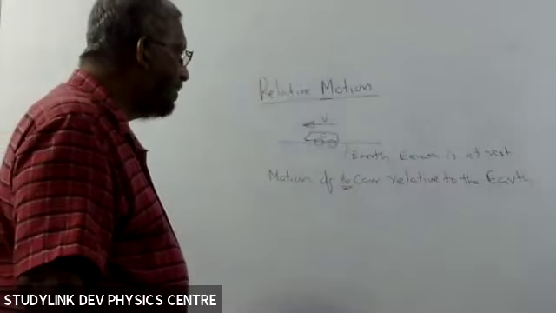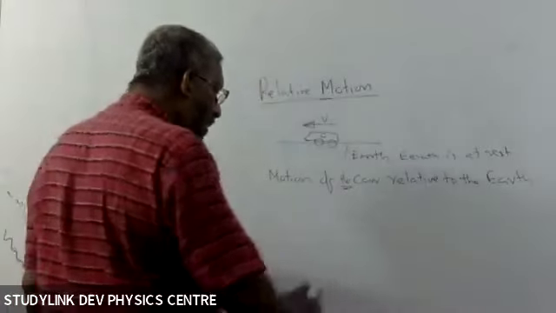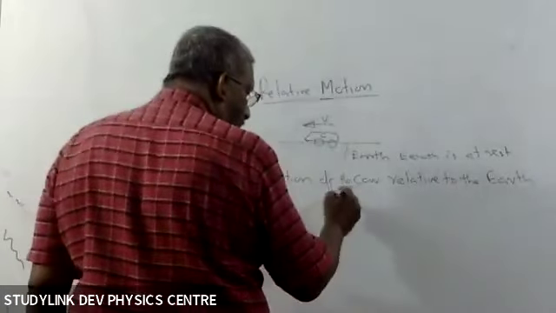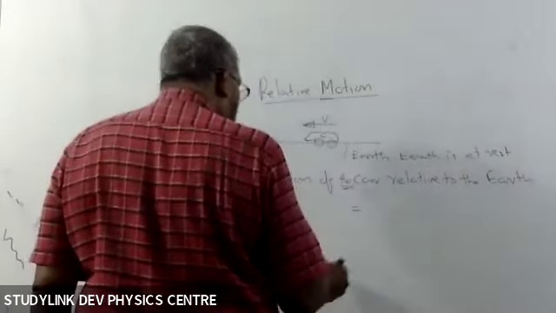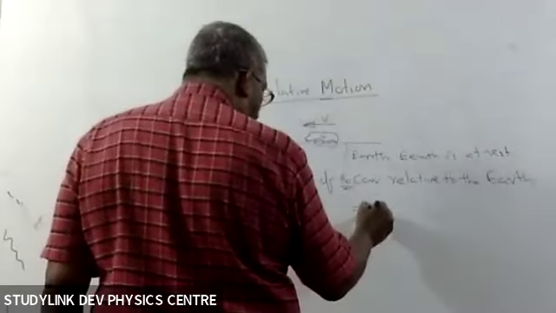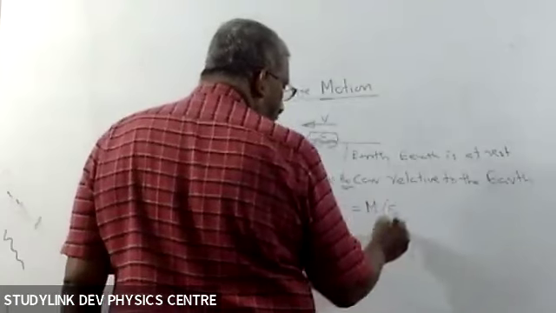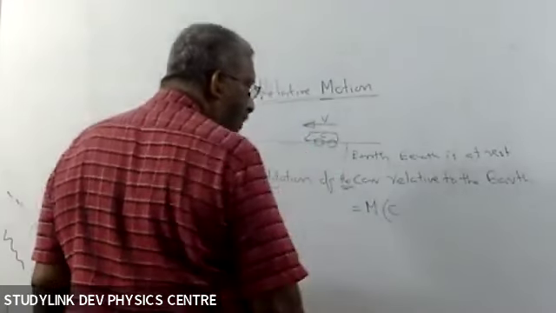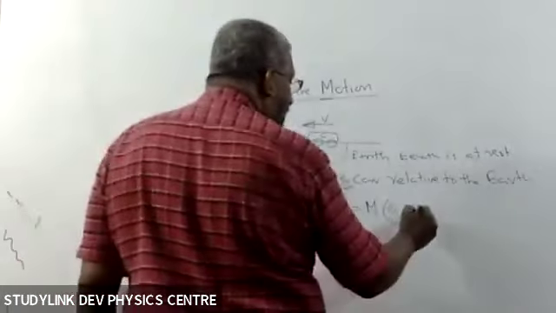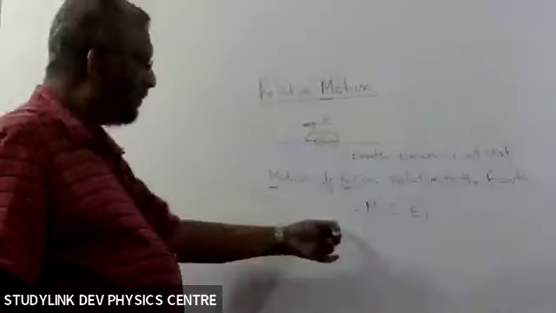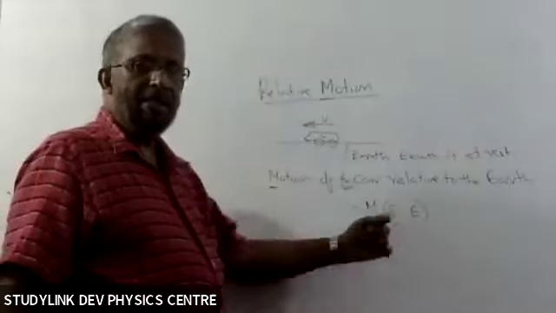When we denote this, the notation is M for motion of the car relative to the earth.